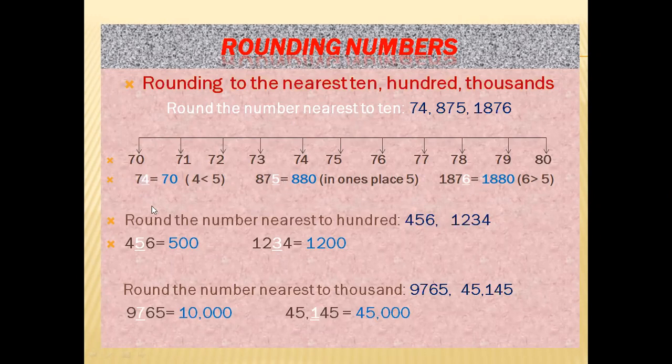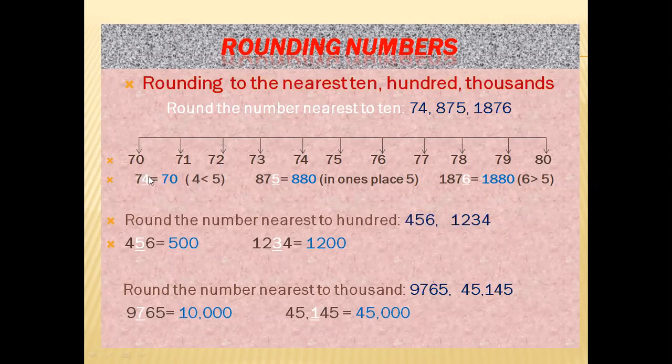Which digit is there in the ones place of 74? 4 is there. See, this 4 is less than 5. So if we round this number to the nearest 10, it will become 70.